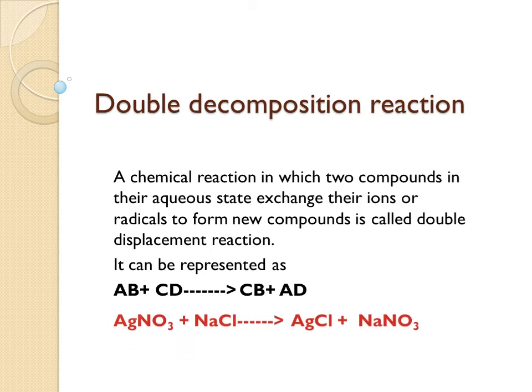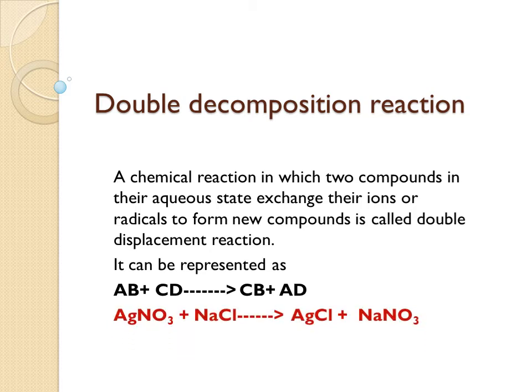We have an example. When silver nitrate solution and sodium chloride solution are mixed together, silver chloride and sodium nitrate are formed. AgNO3 plus NaCl gives AgCl plus NaNO3. Which are the radicals in AgNO3? Ag+ and NO3-.